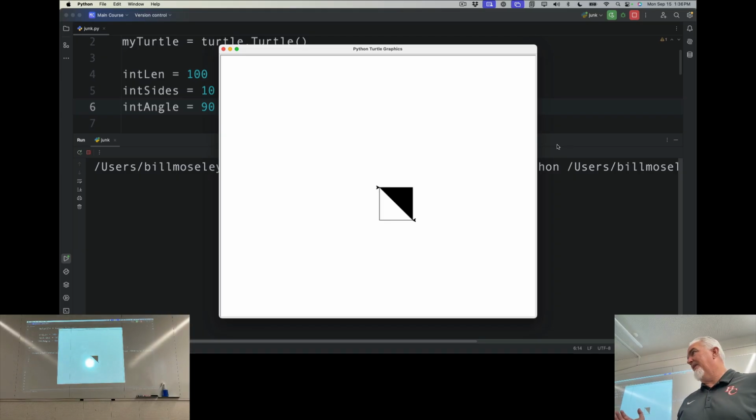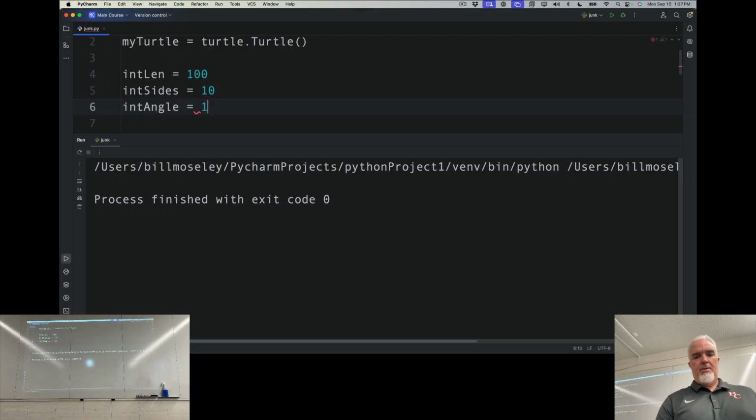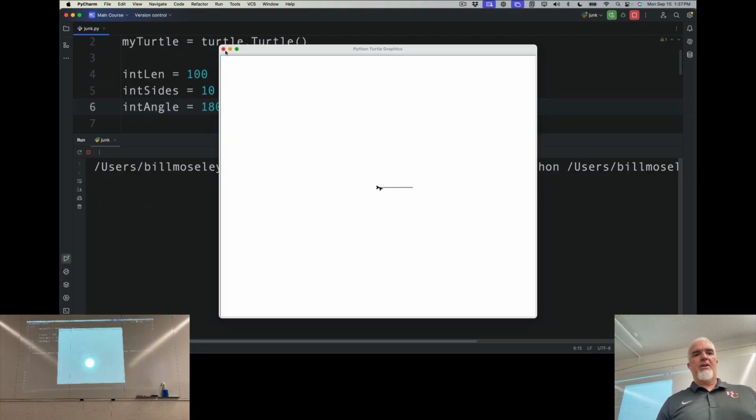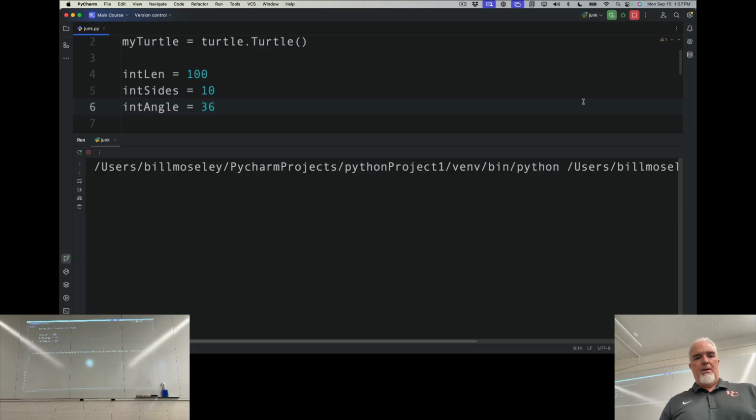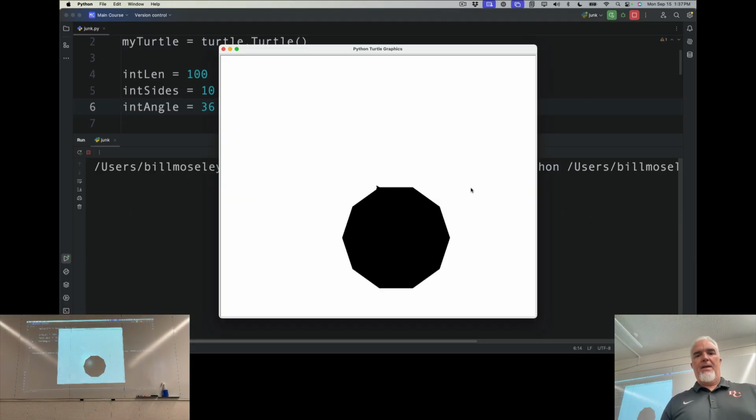It's just going to make a square and fill in half of it, because with 10 sides, it makes 4 squares, and then it makes 2 more sides of a square and fills in half because it went halfway around. 180? 36. Tell me how you came up with 36. There you go. 360 degrees divided by 10. And there's my 10-sided figure.